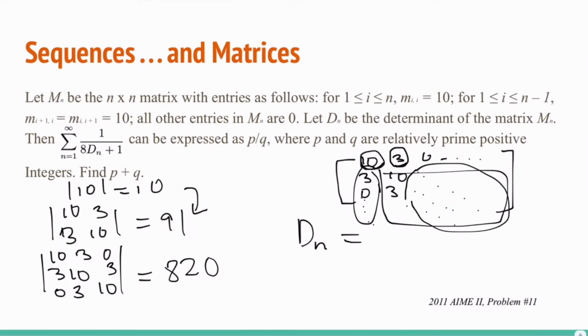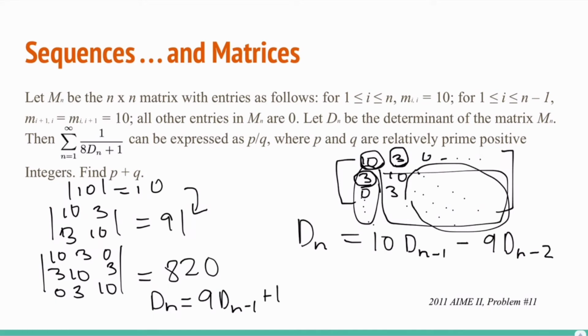But this is the same as the determinant of this times D of n minus 2. So we get that D of n equals 10D of n minus 1 minus 9D of n minus 2. Now, what we're trying to prove is that D of n equals 9D of n minus 1 plus 1. So let's plug that in.